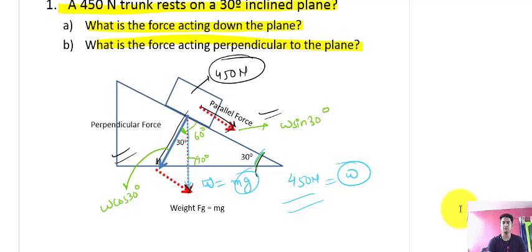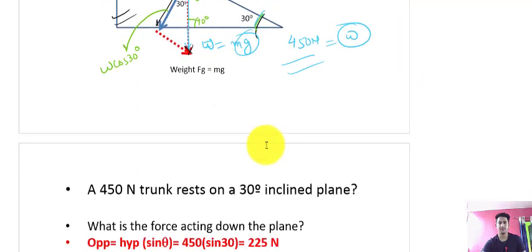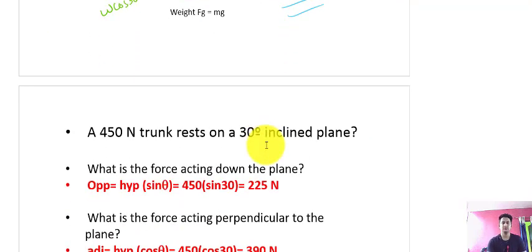So now you know the value. The first part asks what is the force acting down the plane. This force is acting down the plane, so its value is given by W sin theta. Simply put the values: that is 450 sin 30.